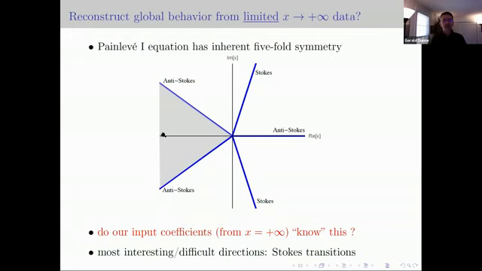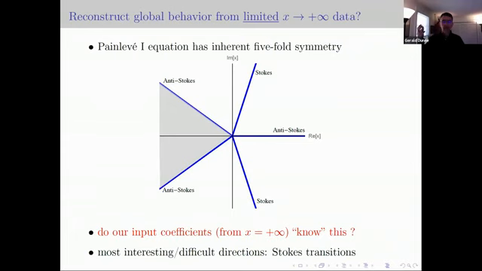The shaded region in here between 4 pi/5 and 6 pi/5 is the region in which this particular tree-truncated solution is completely free of poles. It has interesting Stokes transitions as you cross this line, and this line, and this line, and come back. These are nonlinear Stokes transitions.